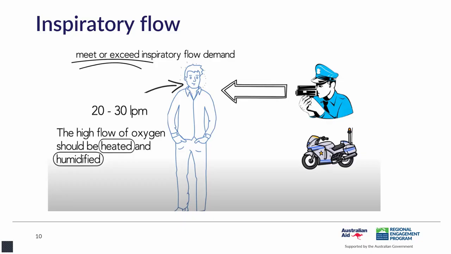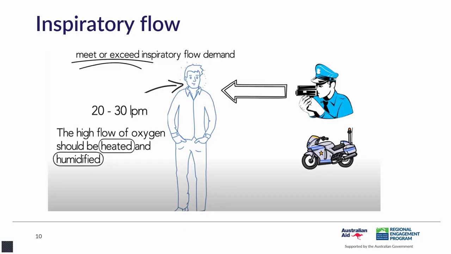And that's where we think about our oxygen therapy. With oxygen therapy, we need the flow of the oxygen to meet the inspiratory flow demand of the sick patient. So for example, if we have a patient that has a pneumonia and their inspiratory flow demand is about 50 litres per minute, we need to provide oxygen that meets that demand.